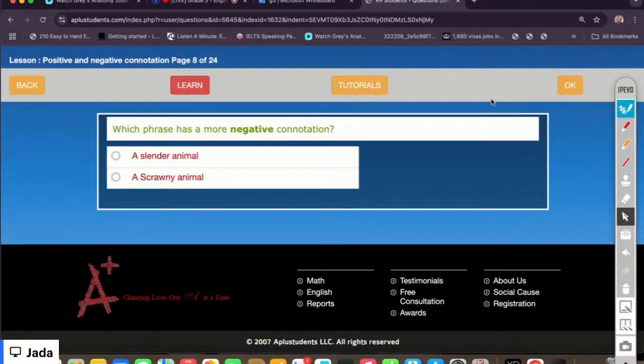So we have, which is more negative here? A slender animal or a scrawny animal? Which of these is more negative? Which one here is more negative?